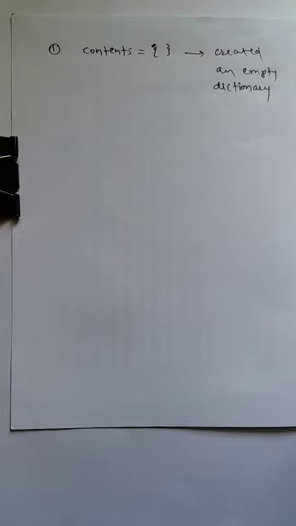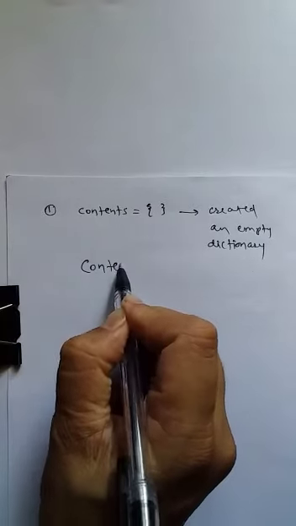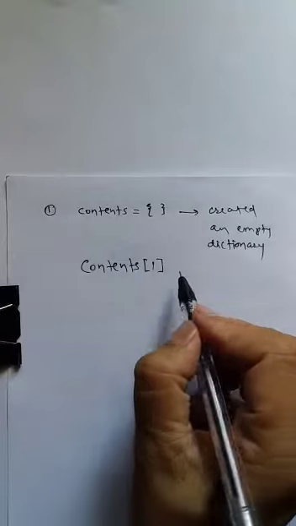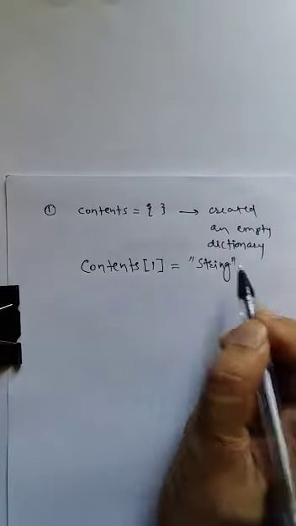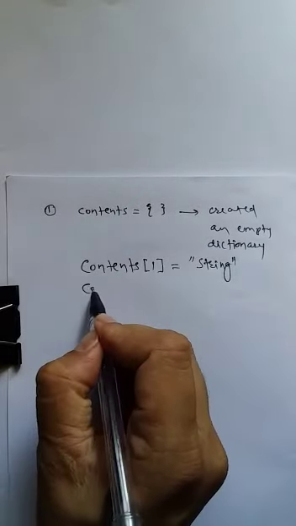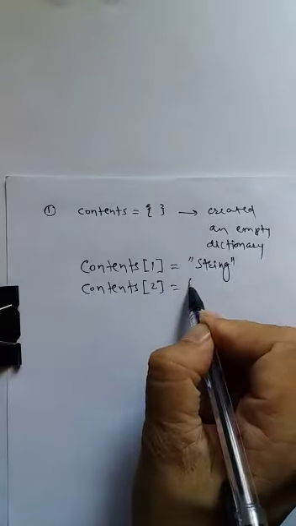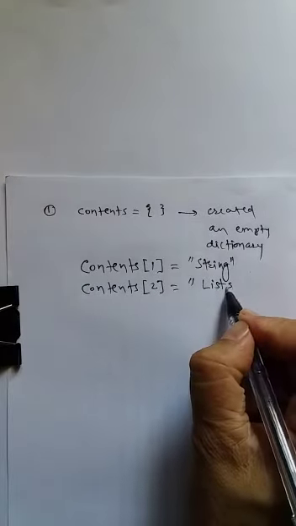Now we want to add the contents to it. So how can we add contents to this? Contents square bracket 1 equal to string. Then contents square bracket 2, what we saw yesterday, list.